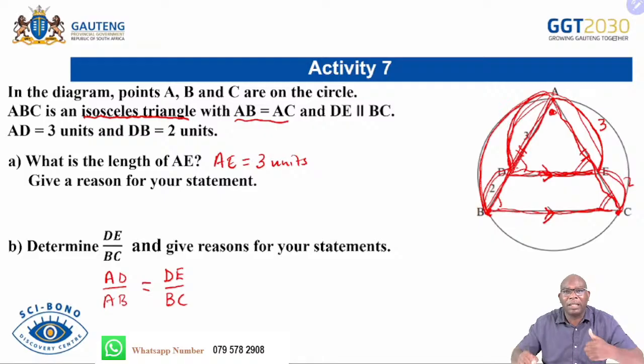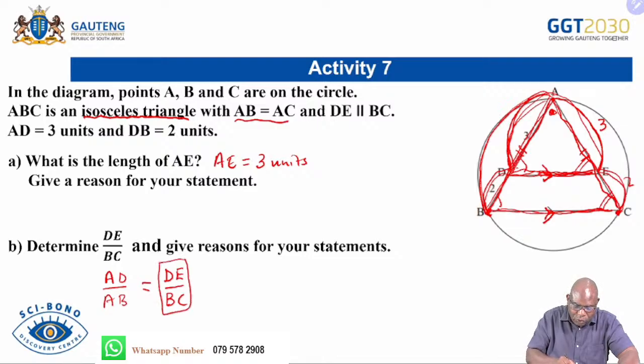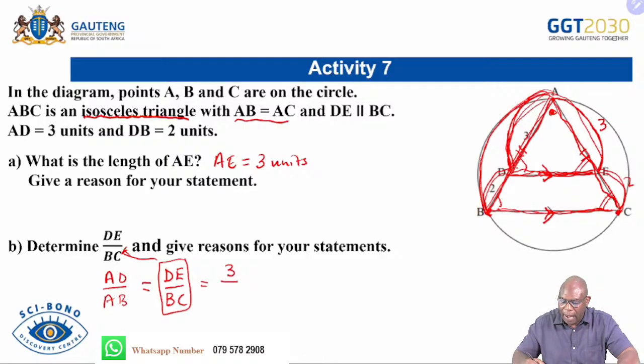And you'll understand this much better when you're doing your similarity. So what is my AD in this case? My AD is going to be 3. And my AB is 3 plus 2, which is going to be 5. So the answer to this will be 3 over 5.